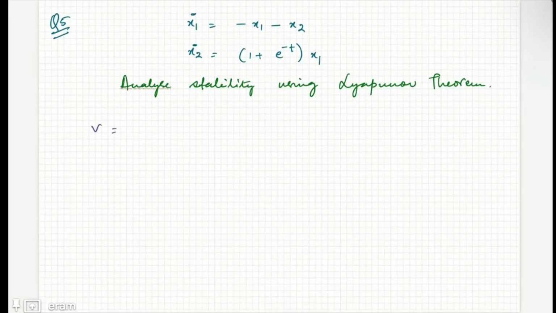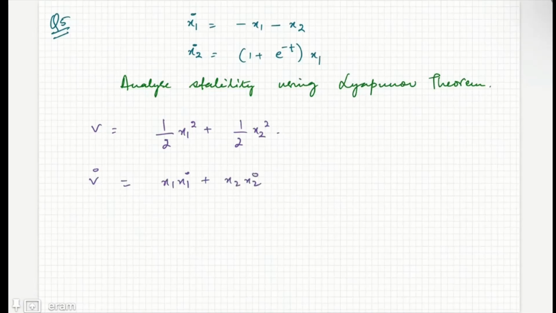Okay, let's start with our most favorite quadratic Lyapunov function that we in most cases use, of this form. And if we find its derivative, it will be x1 x1 dot plus x2 x2 dot.